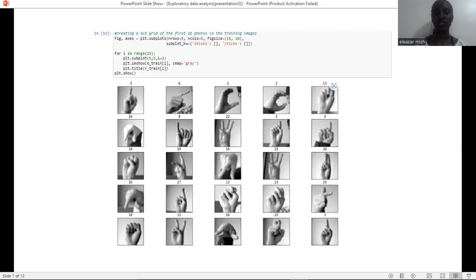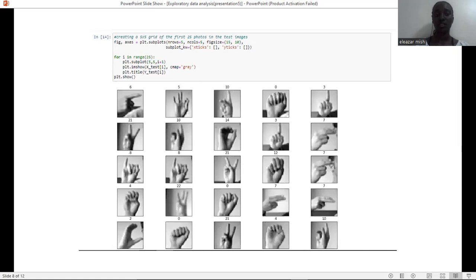And these are the images I've used for training. Then this is the testing set, still with 25 images. Some are letters and some are numbers.